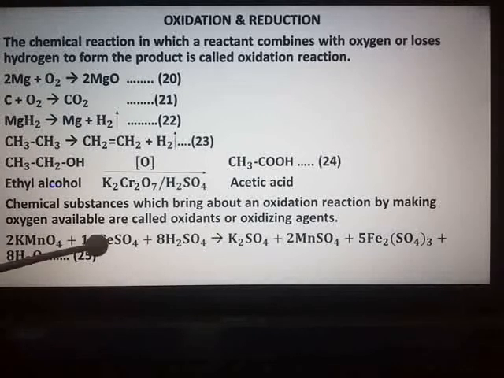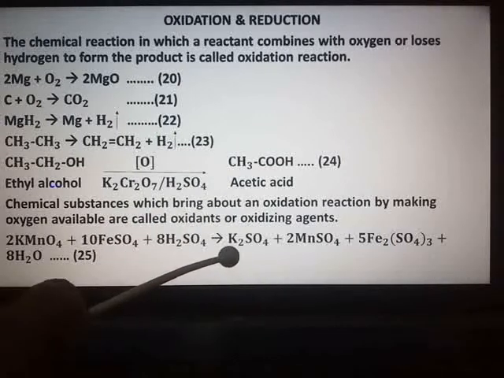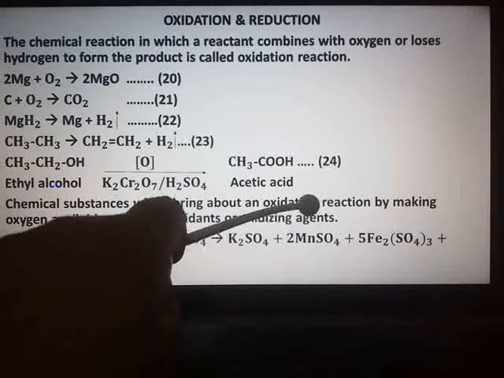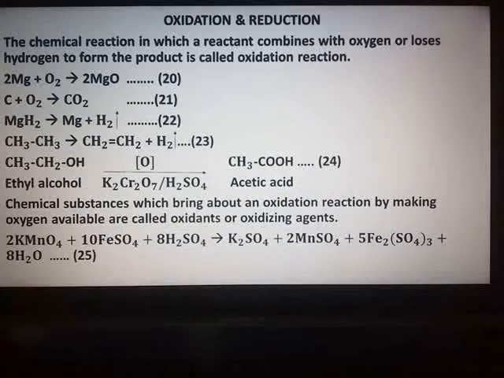It combines with FeSO4, that is ferrous sulfate, plus H2SO4, that is sulfuric acid, to form potassium sulfate K2SO4 plus MnSO4 plus Fe2(SO4)3 plus water. So here FeSO4, that is ferrous sulfate, is transformed into ferric sulfate, that is Fe2(SO4)3.